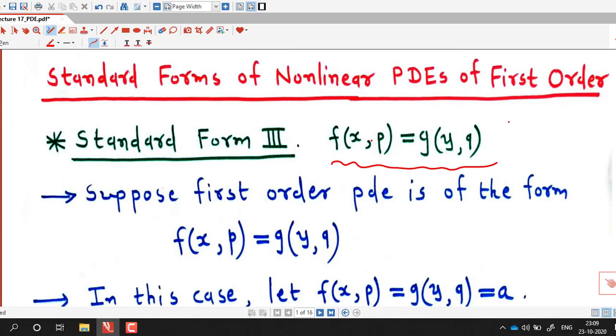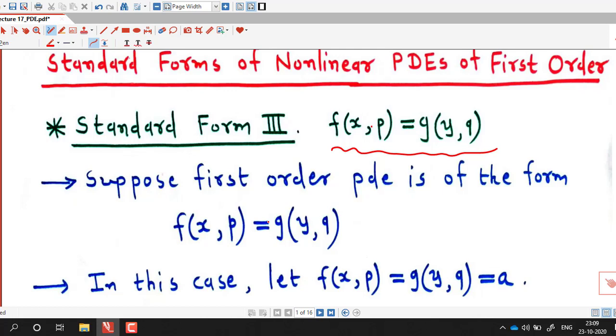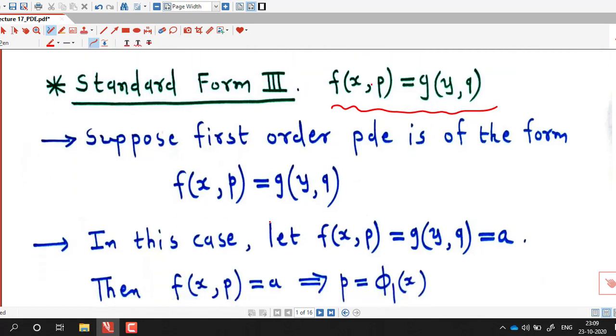In this equation z is absent, and if z is absent in the given equation, and if you are able to write your partial differential equation in this form, that is, terms containing p and x on one side and terms containing q and y on another side, then how to solve this partial differential equation?